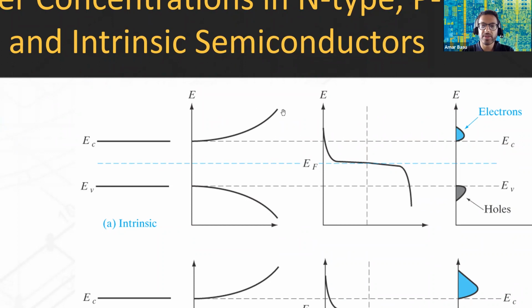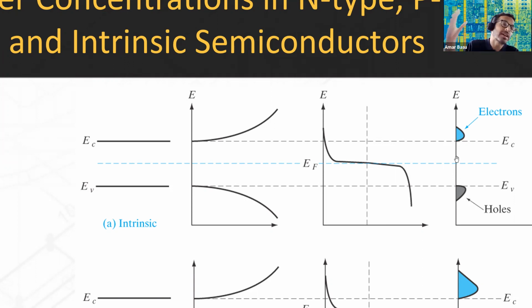And up here, it's also 0. But in the middle, just above EC, there are some states available, and there's also a non-zero probability. As a result, there are electrons just above EC. But if you go too far above, the electron concentration goes to 0.